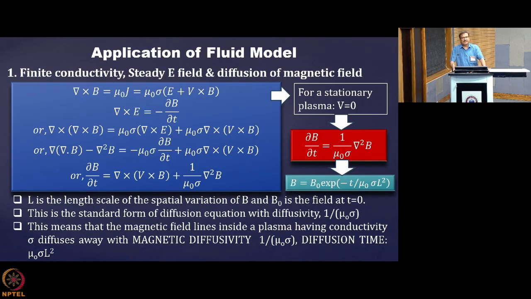Now I will come to some applications of this fluid model. They are very interesting. You know that the plasma you generate in the laboratory has, of course, finite conductivity, and it offers a substantial amount of resistance. So what happens when the conductivity is finite?